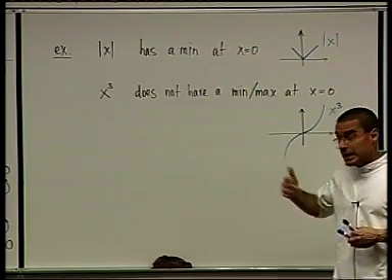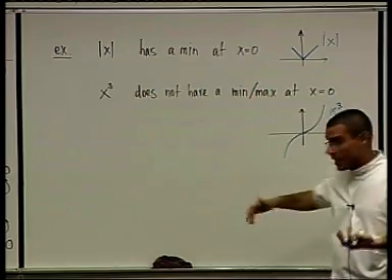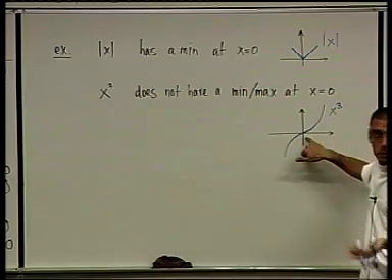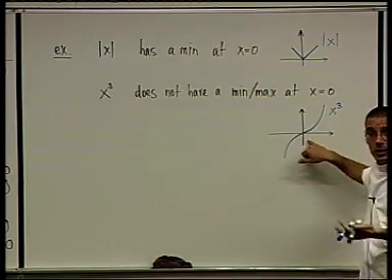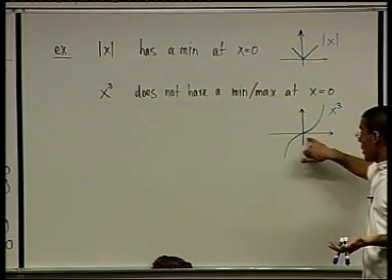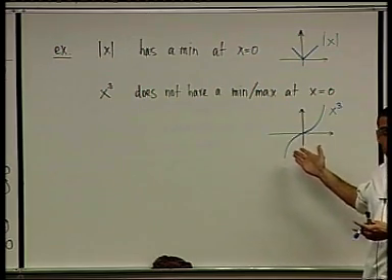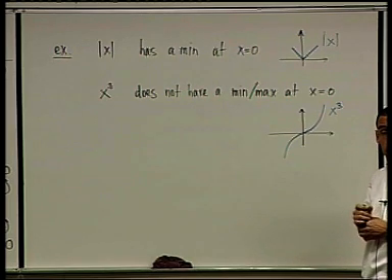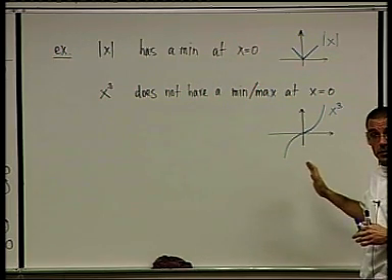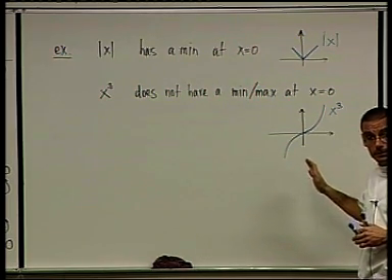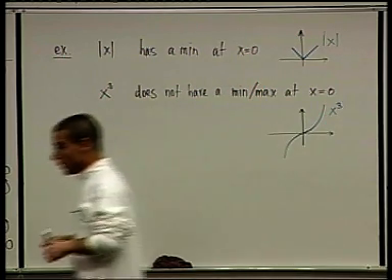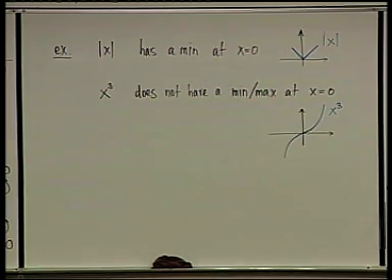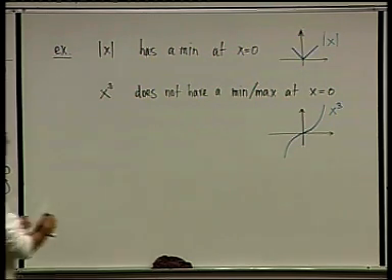We use the theorem to find extreme points. And in seeking them, points like this, which we will call a bit later inflection points, are picked up, but they're not extreme points. This is not an extreme point of x cubed. Okay, that's the statement. Okay? Good. The next theorem in this line of theorems was Rolle's theorem.